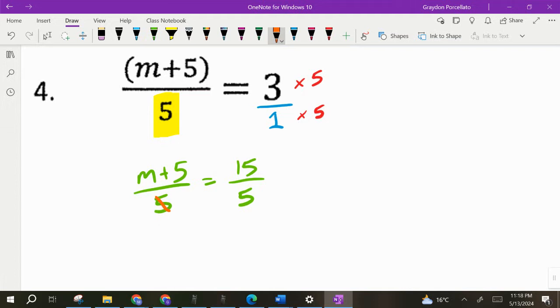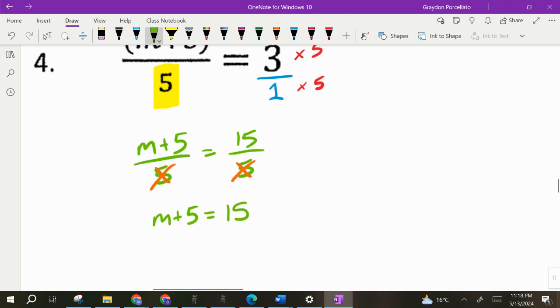My denominators are the same. I can cancel them out. I get M plus 5 equals 15. We're going to grab that 5. We're going to bring it over here where it becomes a minus 5.